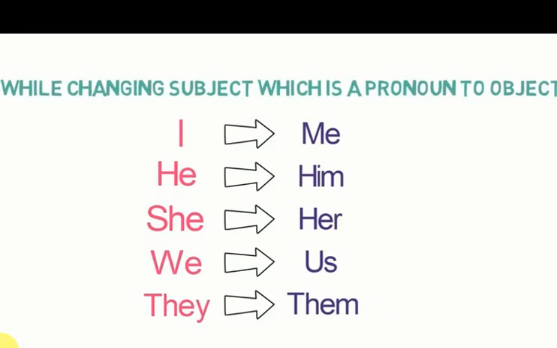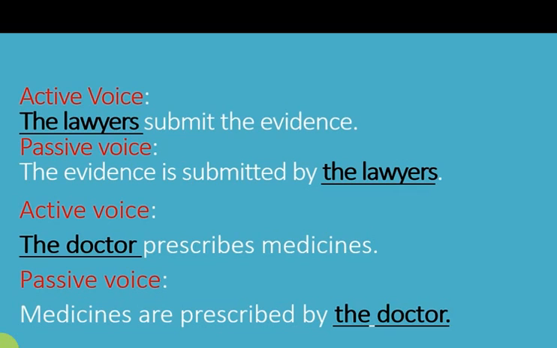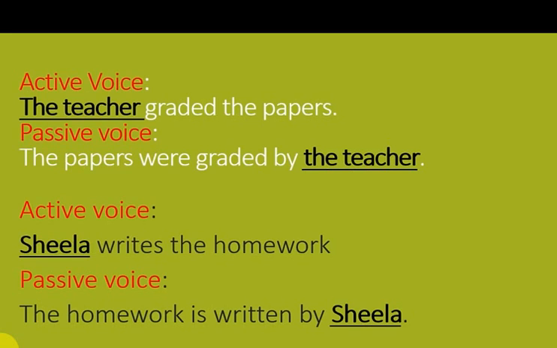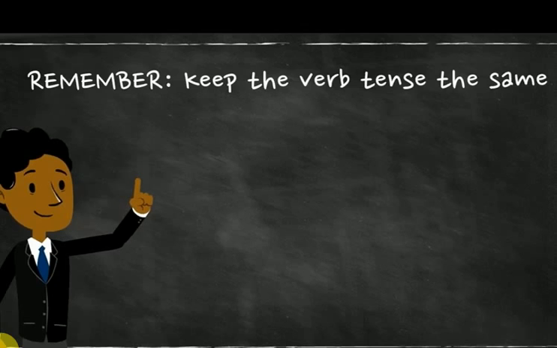Okay, if we have other subjects like professional jobs, doctors, lawyers, teachers, we have to write the same subject as it is given, and for names also we have to write the name as given. Okay, remember, keep the verb tense the same. So importantly, you have to remember this point, that the tense of the verb should not be changed while converting from active to passive voice. Okay.